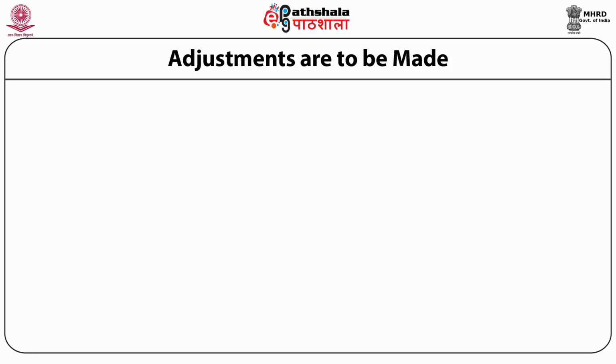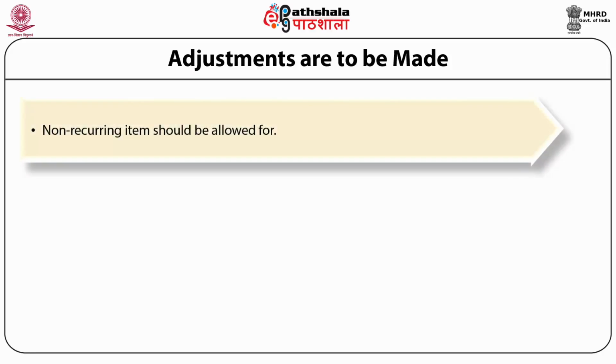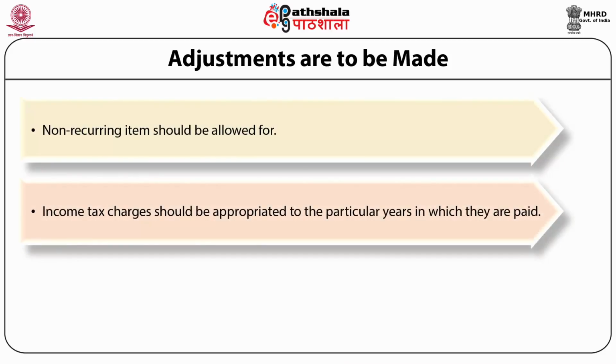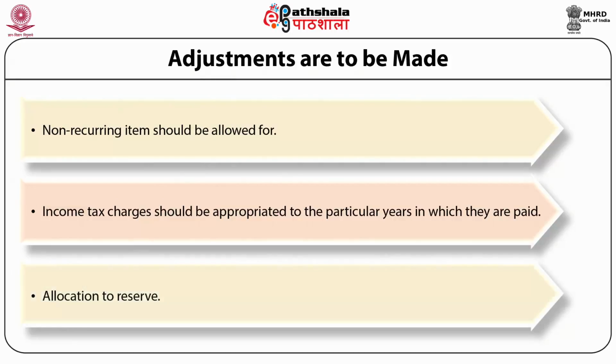Number one, non-recurring items should be allowed for. Number two, income tax charges should be appropriated to the particular years in which they are paid. Number three, allocation to reserve.